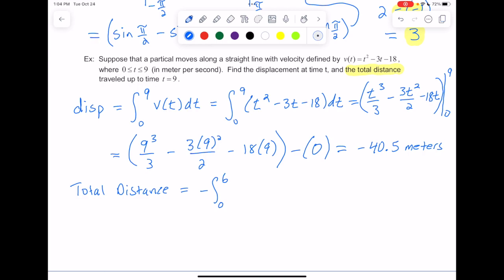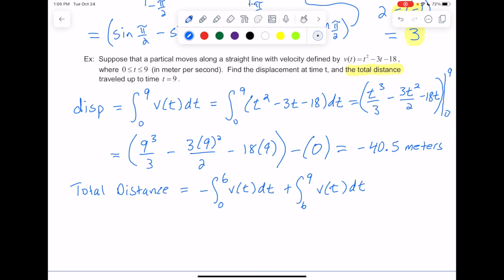So we want negative integral from 0 to 6 of v of t dt, and then plus the integral from 6 to 9, the remainder of the interval, which is going to come out positive already, so we don't need to change its sign. So v of t dt.